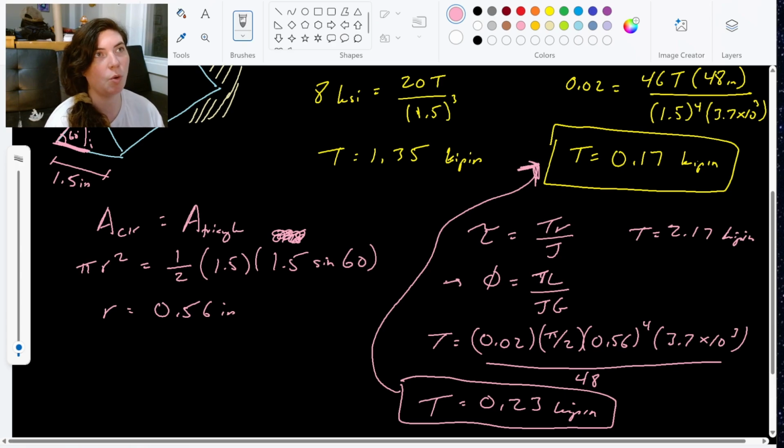You can get more torque out of a circular shaft than out of a triangular shaft. This is a big reason why we default to circular shafts, and why we're going to see them way more commonly than non-circular ones. But it can still be good to know how we approach these calculations for non-circular shafts.